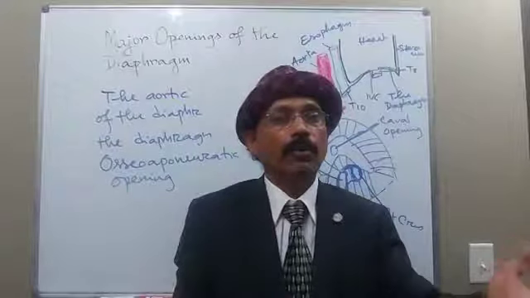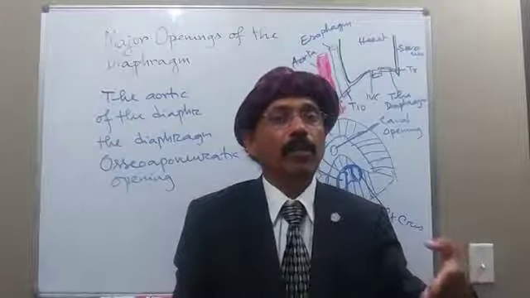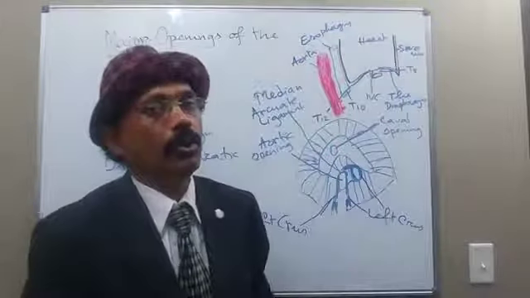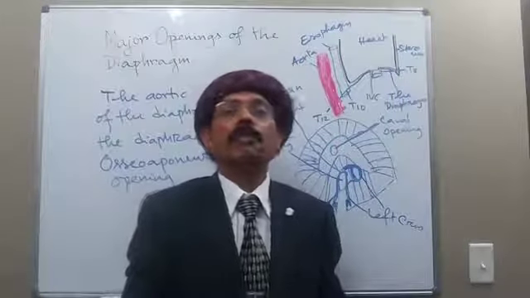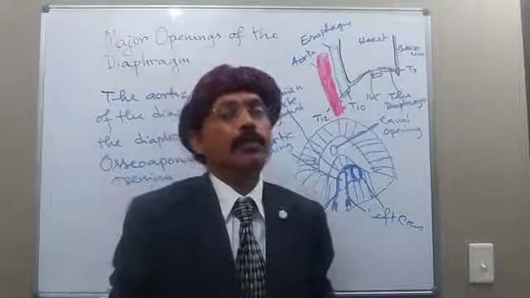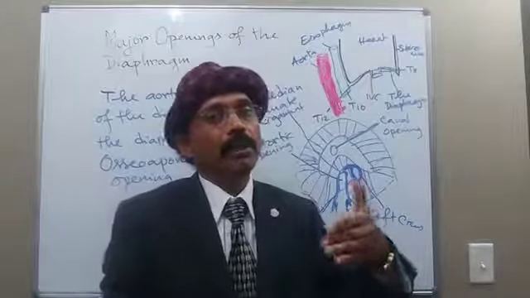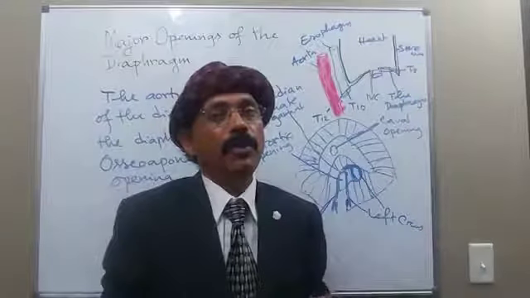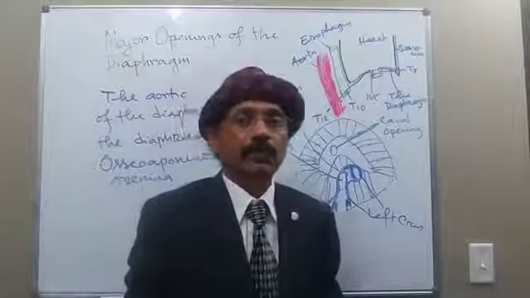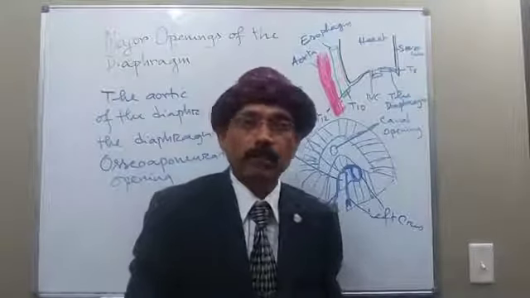Behind it we have the vertebral body, the lower border of T12, and anteriorly the median arcuate ligament. Sometimes the median arcuate ligament may not be properly developed, or there may be a prolongation of it going behind the aorta, which is a rare possibility.